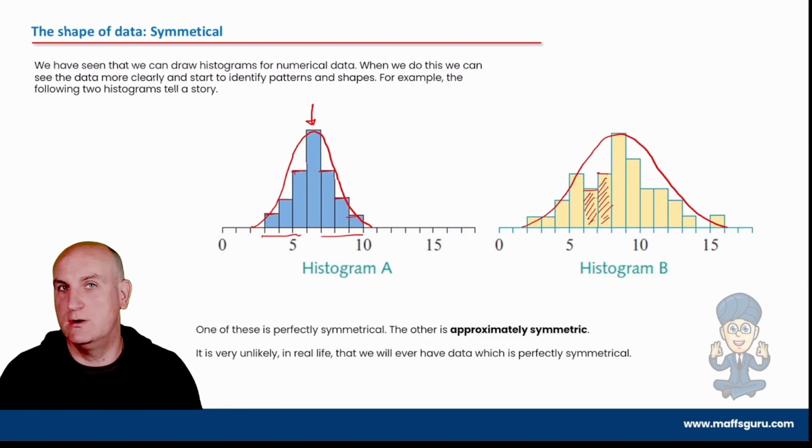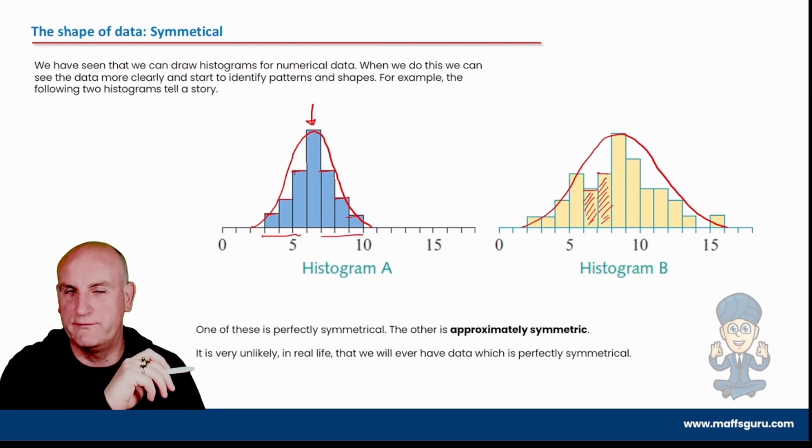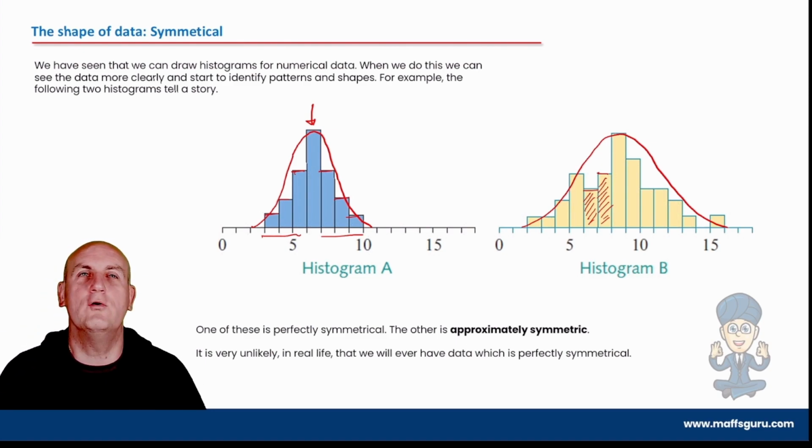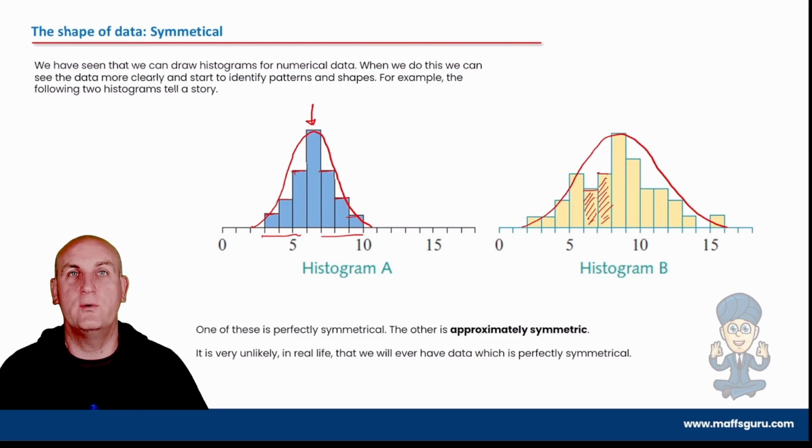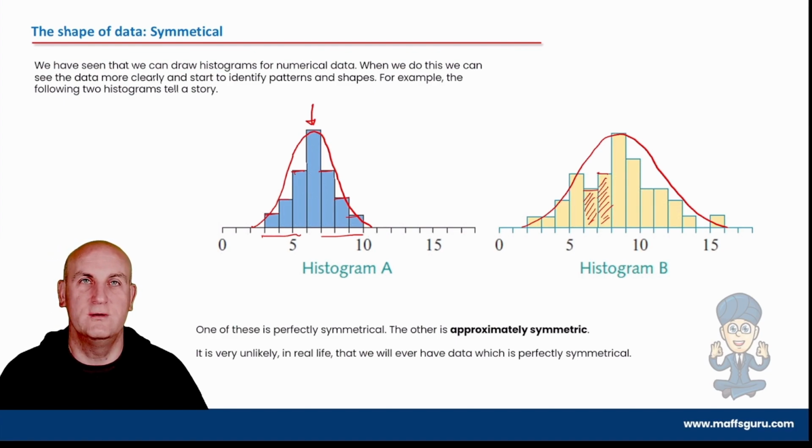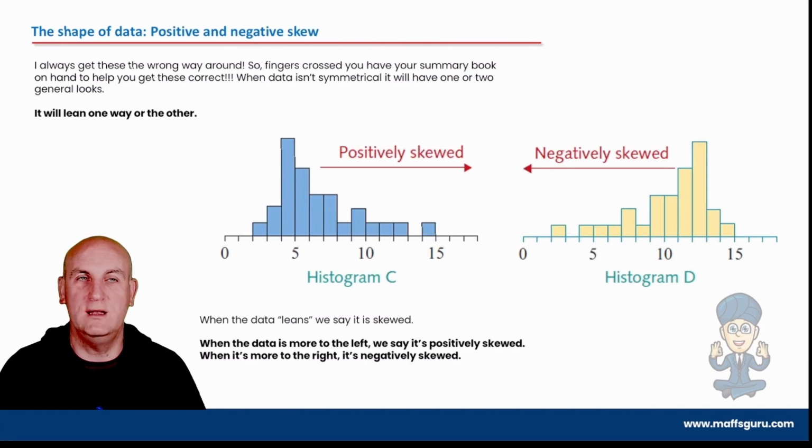In that situation, we would describe it as approximately symmetric. Now, I've not really known any data in the real world to come out as perfectly symmetrical. So a hint for what you're going to come up against later on: don't describe things as symmetric, describe them as approximately symmetric. That word approximately is really, really important.